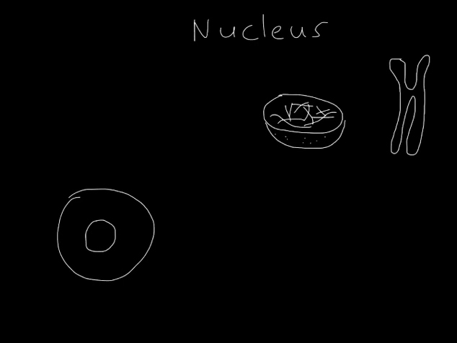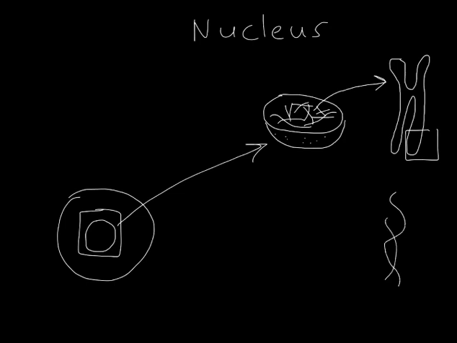The largest of the organelles is the nucleus. And like the cell, it has a membrane surrounding contents and genetic material. This genetic material is known as a chromosome and is made of the molecule known as DNA.